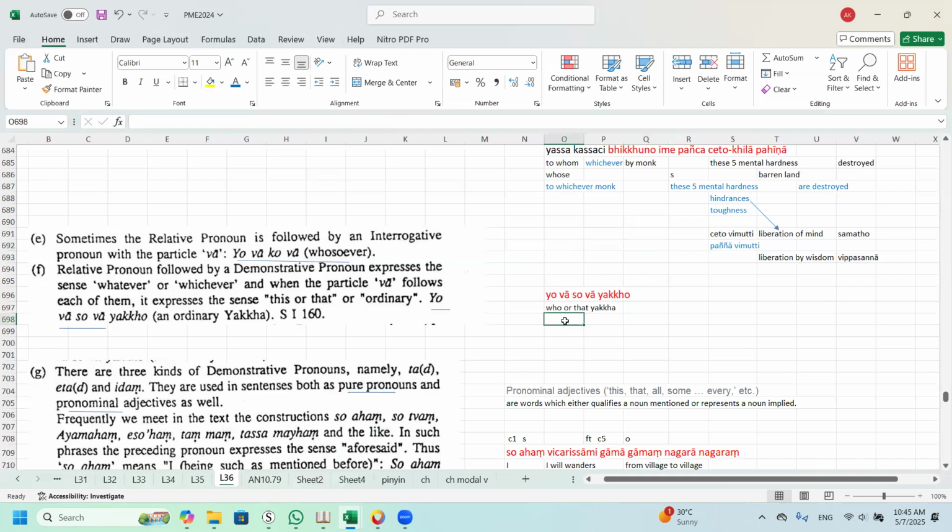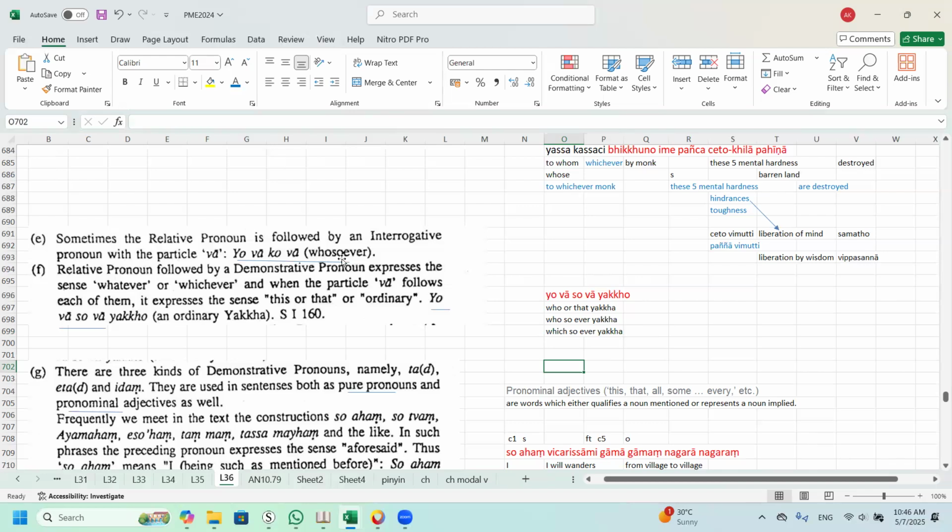If you see here, who or that, in this case we just replace it with whosoever, yaka. Because yo can also mean which, whichever, whosoever, yaka.